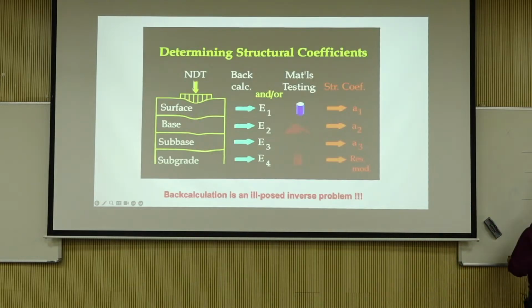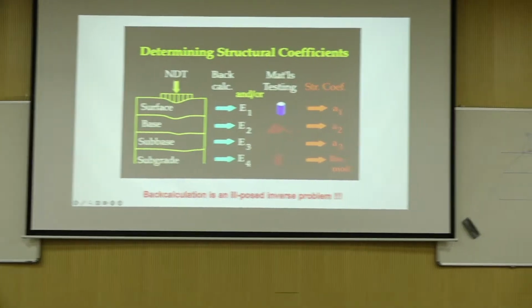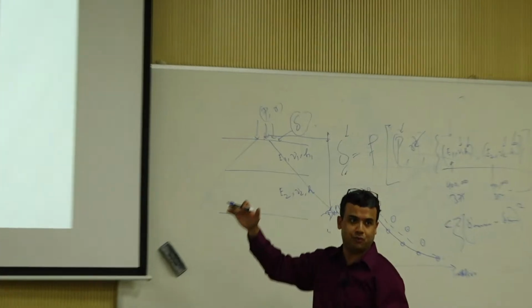So when you are at least 48 inches away from the load center, it is saying that you are only being affected by the subgrade. So you start from there, and then you keep moving back.